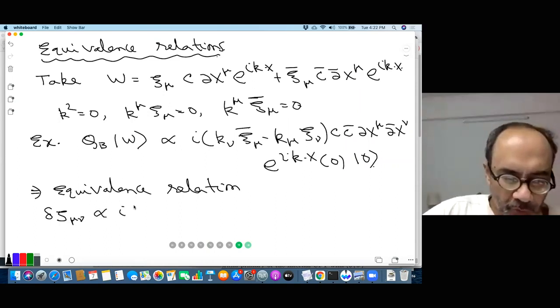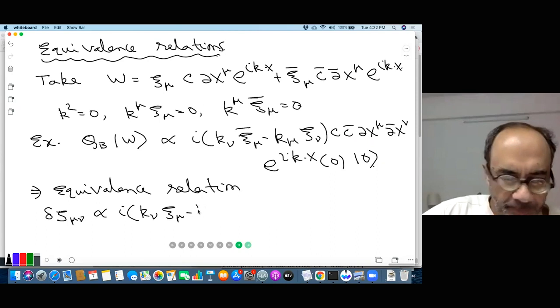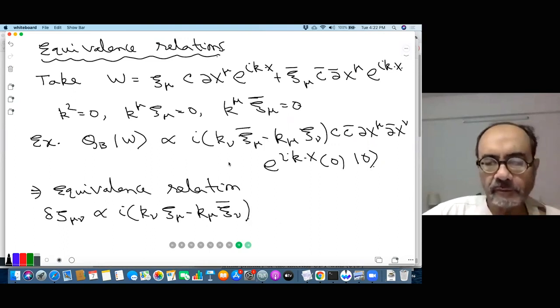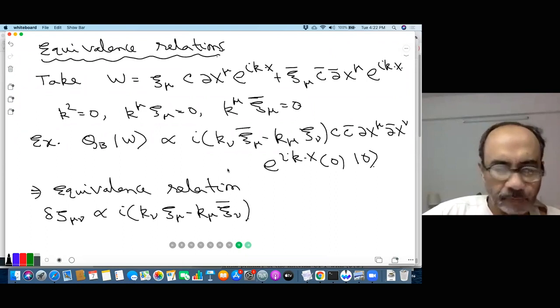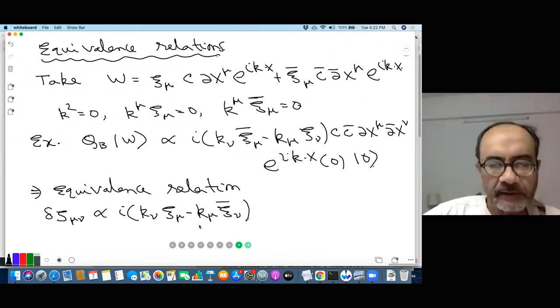So that will be proportional to I k nu psi mu minus k mu psi bar mu. Sorry, k nu. I think this is correct. This one has both symmetric and antisymmetric cases.